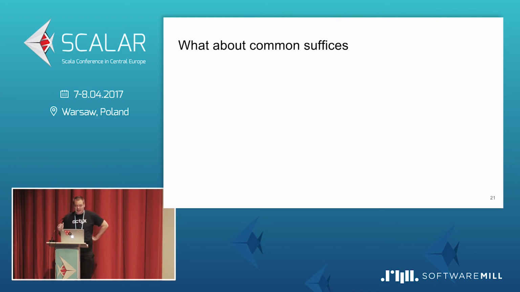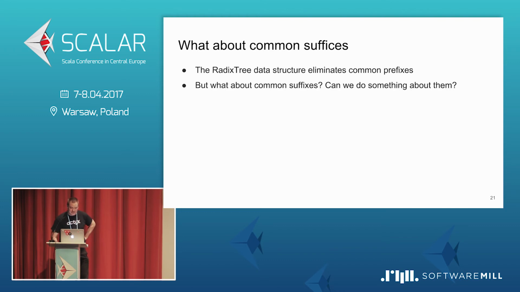As we have seen, the German language has lots of redundancy, so you often have common suffixes in words, the last letters. And the radix tree data structure itself automatically eliminates common prefixes. But it turns out we can also do something about common suffixes, and another thing is common internal prefixes, so basically any kind of internal fragments.